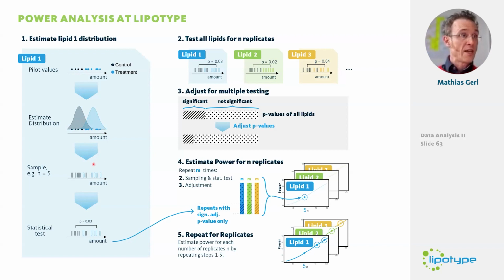And from that, you can then simply sample. And from the sampling, you can make a statistical test. This you then don't only do for your one lipid, you actually do it also for lipid 2, 3, and all the lipids in your lipidome.